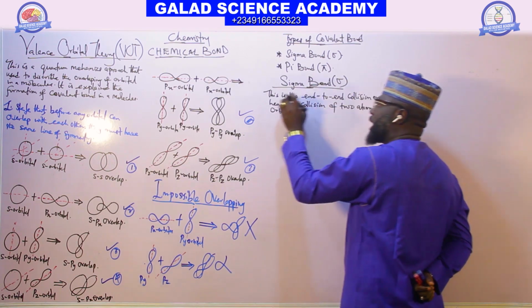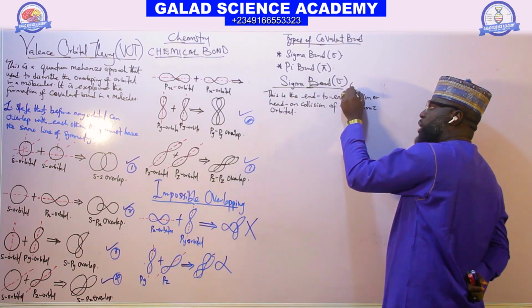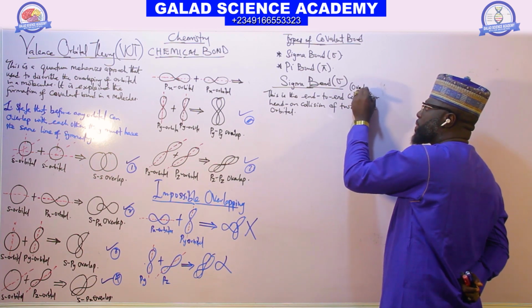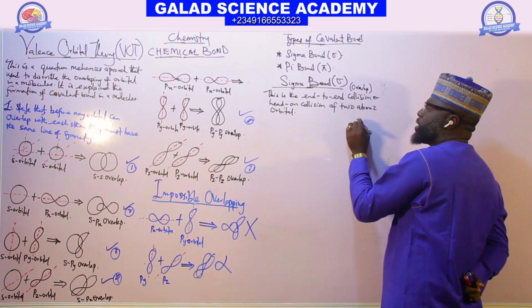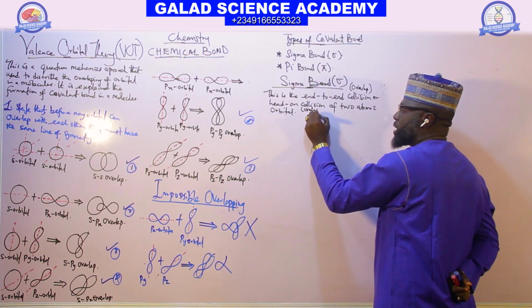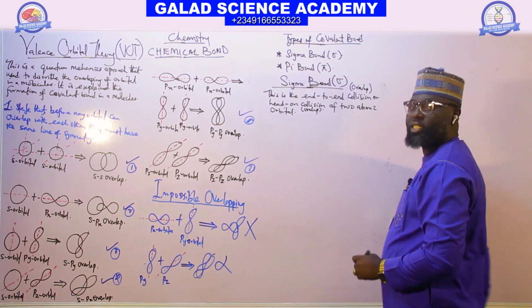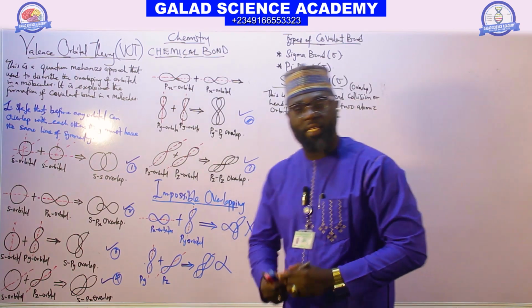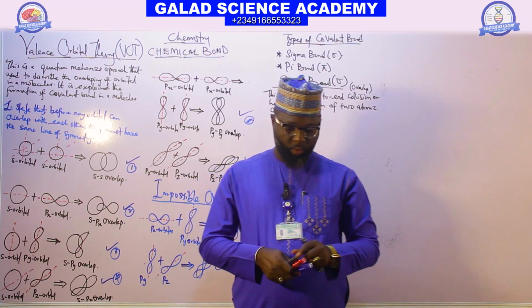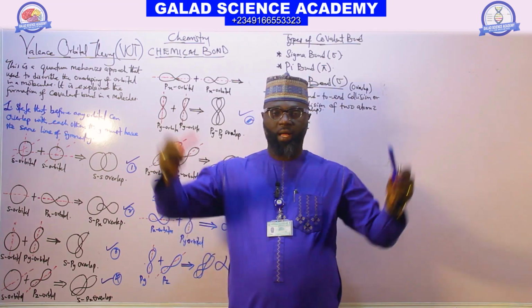In other words, this end to end collision can be called overlapping. So what is sigma bond? See, this is sigma bond. Look at these two markers.